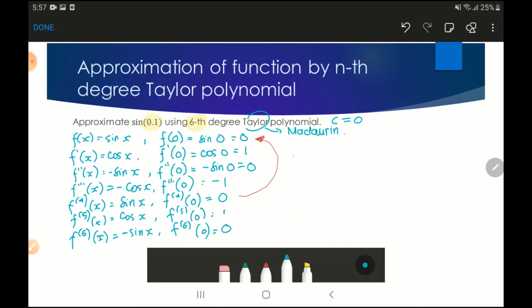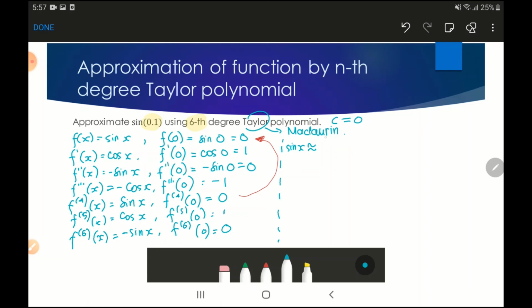Okay, so our expansion, because it's 6 only, we can find sin x approximately. Because we don't know exactly, we're going to use this approximation sign.